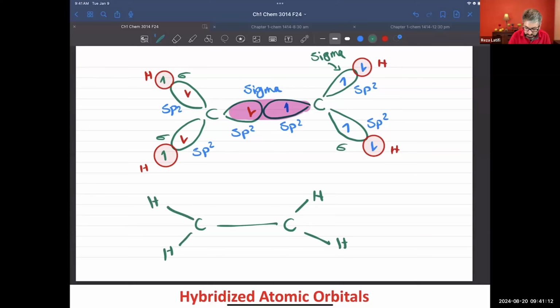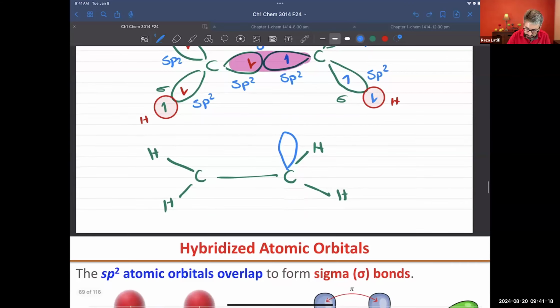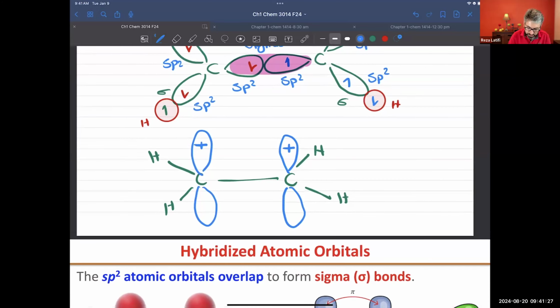And it's time to introduce the pi bond. That's going to be plus, plus. This one will be minus, minus. And remember, you have 1 electron in each of these orbitals.